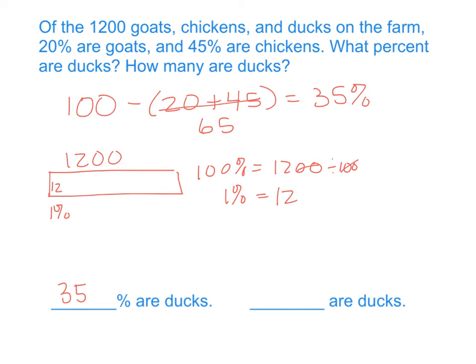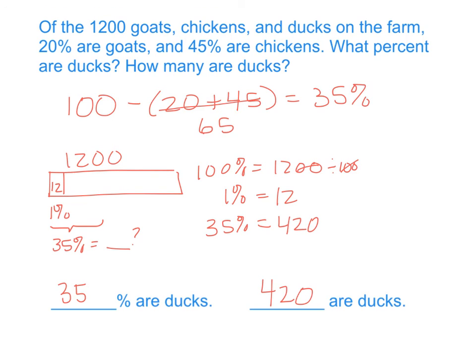So 12 would be 1%, but I need to find 35%. That would be how many? So now I take 12 times 35, and that gives me 420 animals that are ducks.